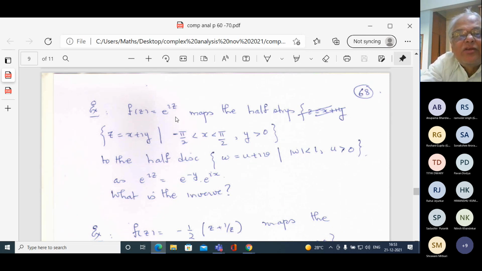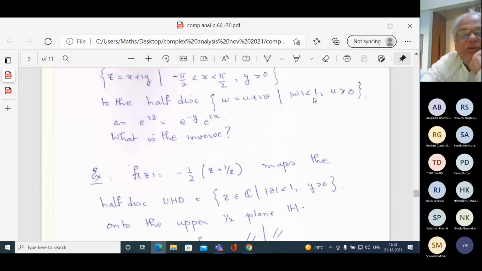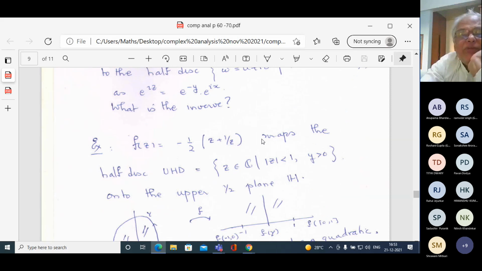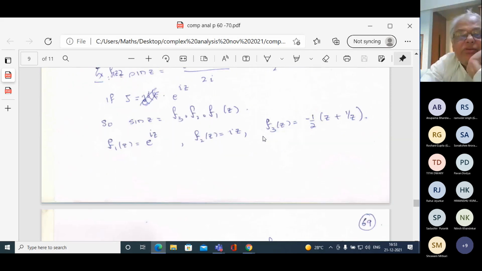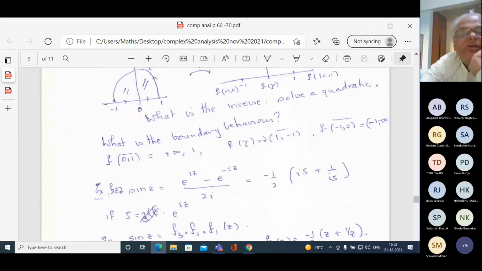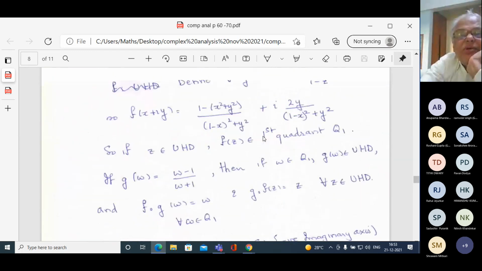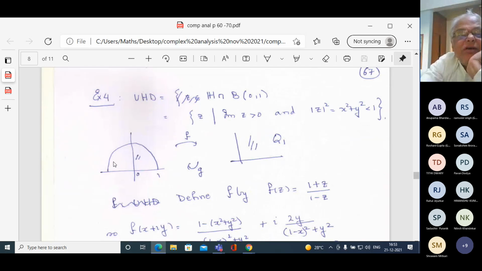For example, f(z) equal to e to the iz maps a half strip to the half disk, and so on and so forth. And z plus 1 by z maps something to something. And I had the upper half disk to quarter plane, the quadrant.